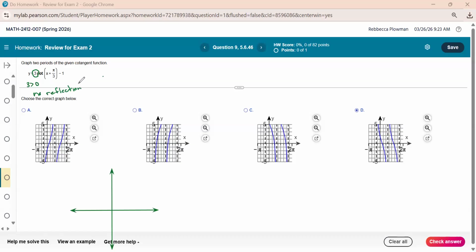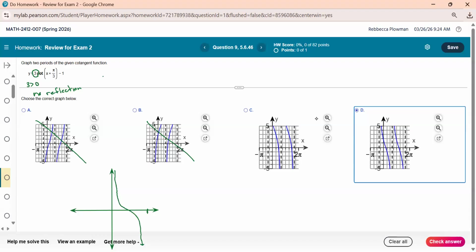And what we know cotangent is supposed to do is decrease. So we can ignore some of the extra stuff because only 2 of them are going to decrease. These 2 are out of the question. So it's C and D, the decreasing.